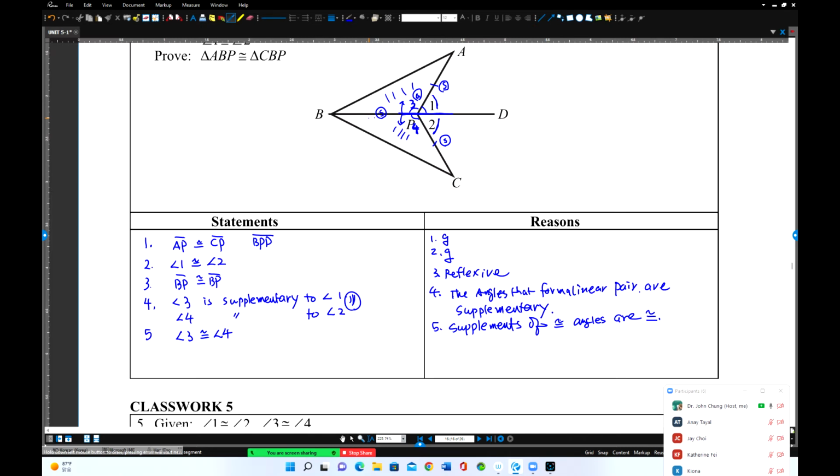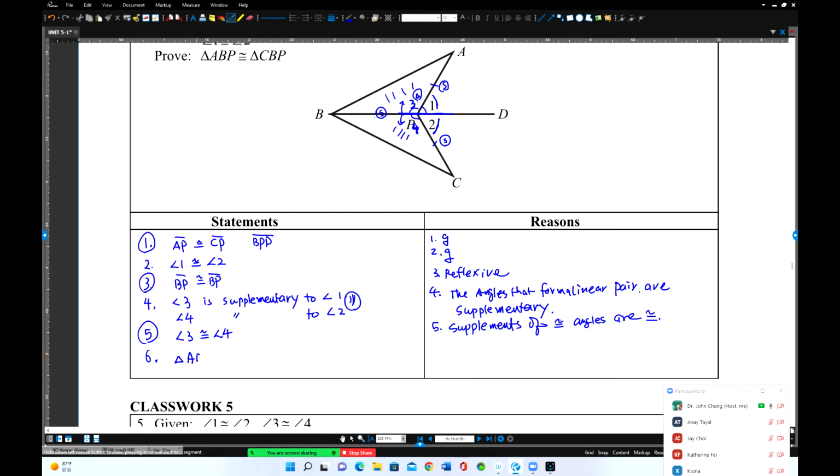BP is one side, and AP equals CP over here, other side, and angle 3, angle 4, that's another angle. Side, angle, side. Now you can make conclusions.